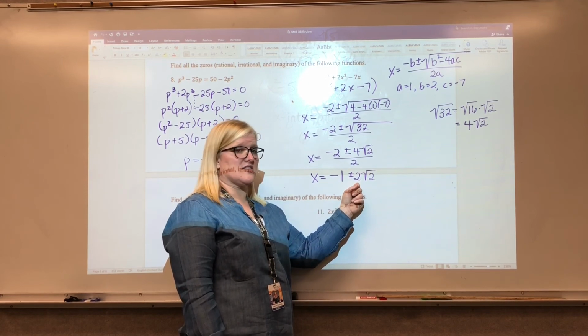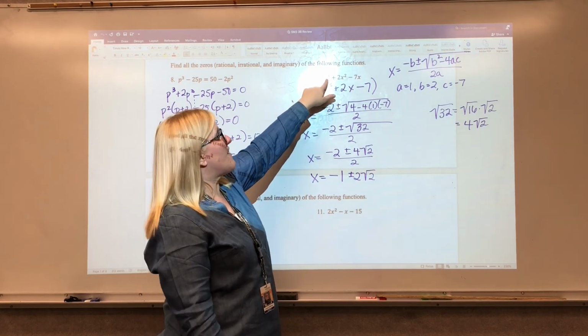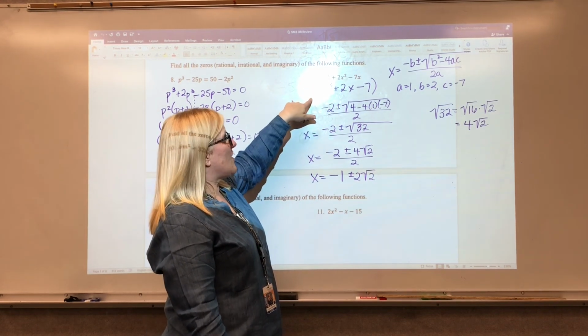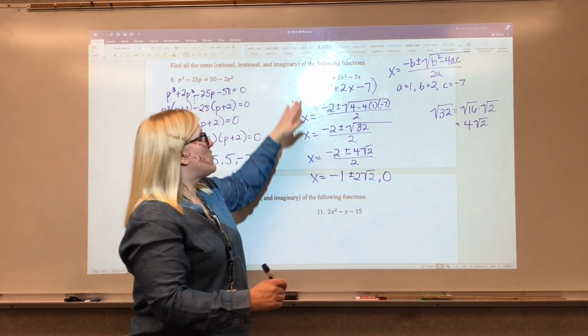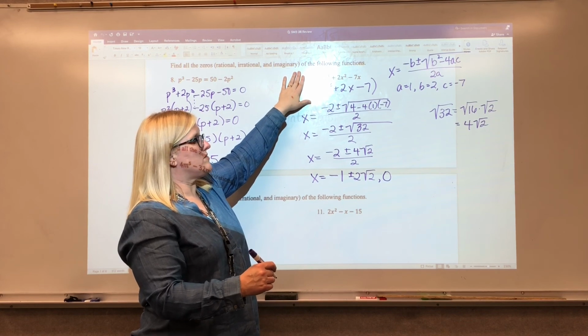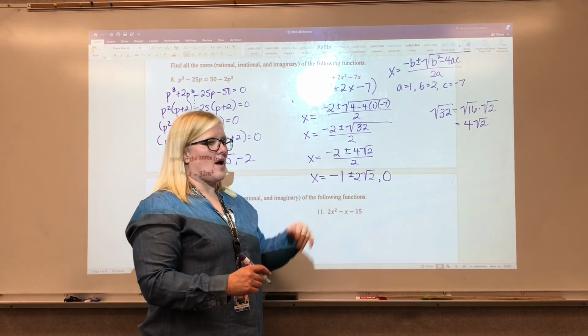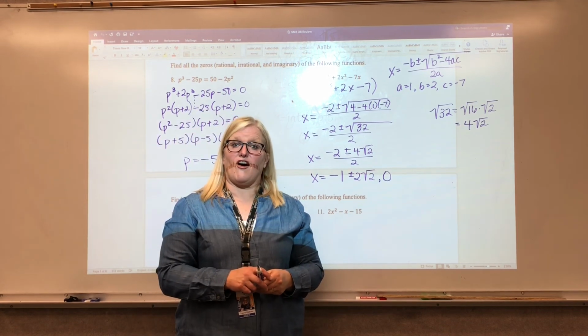So there's two answers here. And then my original, I come back up here because I've got to have 3. Then over here, I have 0, x equals 0. So those are the solutions, the roots or the zeros to that problem. And let's see, that was through 9. I'll start with number 10 on the next video.